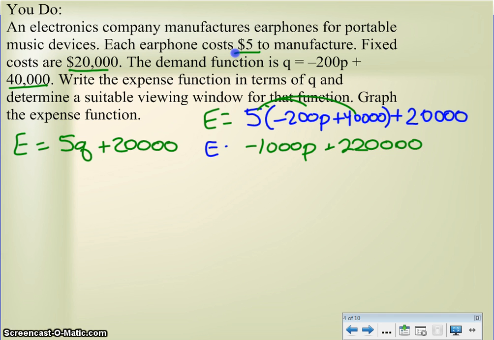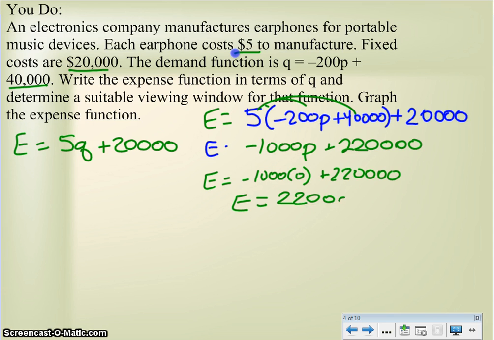Now I'm going to go ahead and determine my x and y intercept just as I did before. So I've got E equals negative 1,000 times 0 plus the 220,000. And so the expense where E, or profit, is 0 is 220,000.